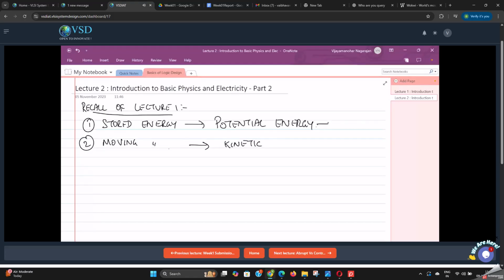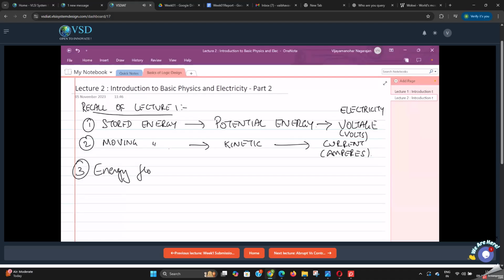So the potential variable in terms of electricity is what? In terms of electricity, the potential variable is voltage. The unit of that is volts. The kinetic variable is current. The unit of that is amperes.